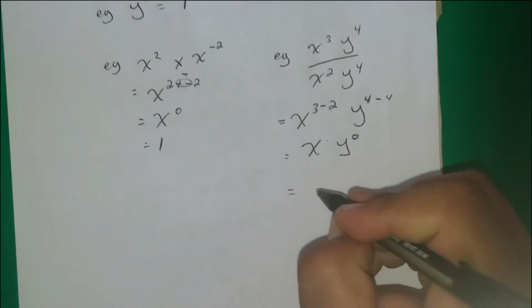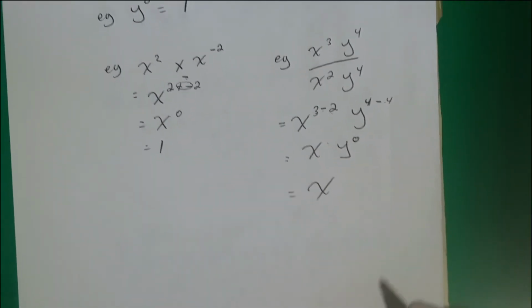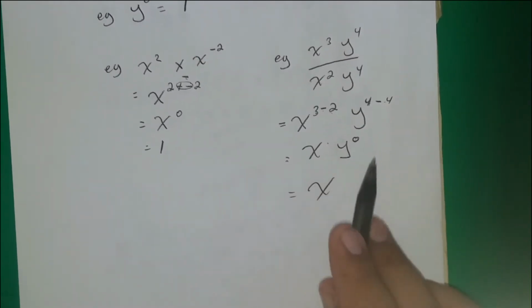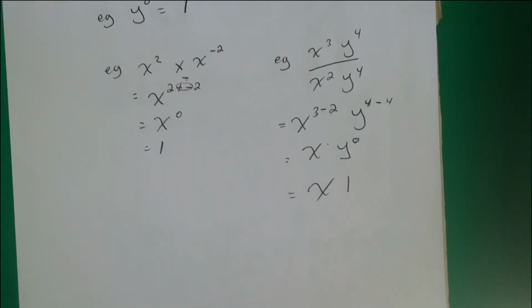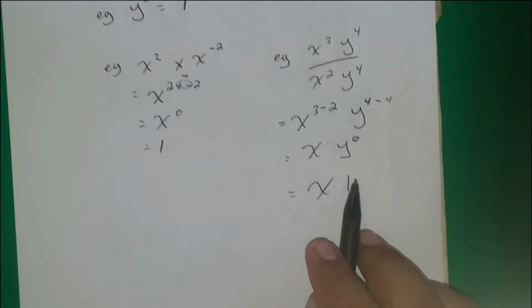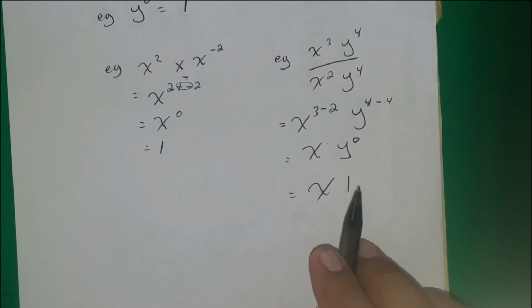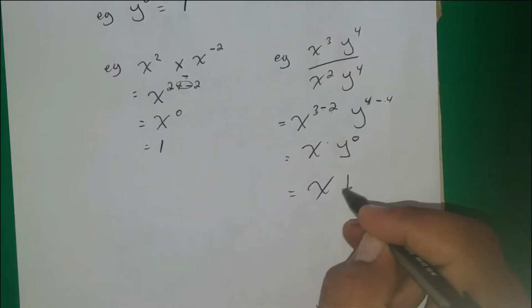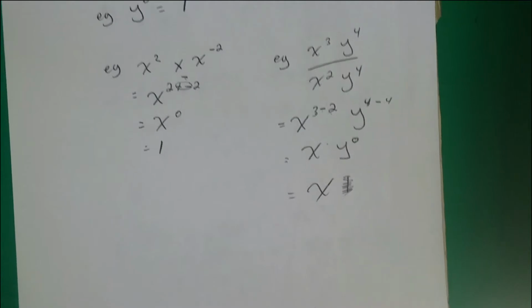So your answer is just going to be x, because what we have here is y to the 0, which is 1. But x times 1, or if you want to keep the 1, I don't see the reason why you want to keep it, but the 1 disappears immediately right there.